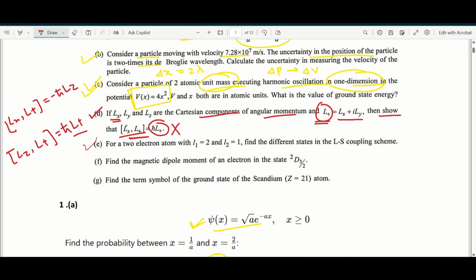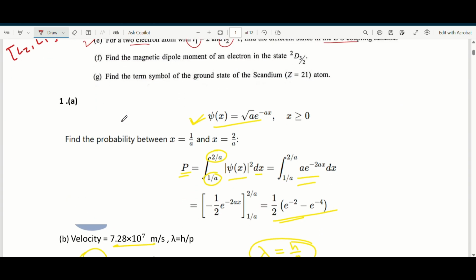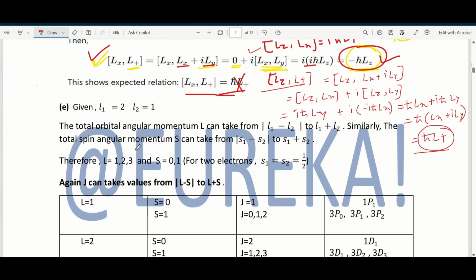Question E is given as: for a two electron atom, L1 and L2 are given, then we have to find the states in the LS coupling scheme. Here small l1 and small l2 are given. The total orbital angular momentum L can run from mod of l1 minus l2 to mod of l1 plus l2.